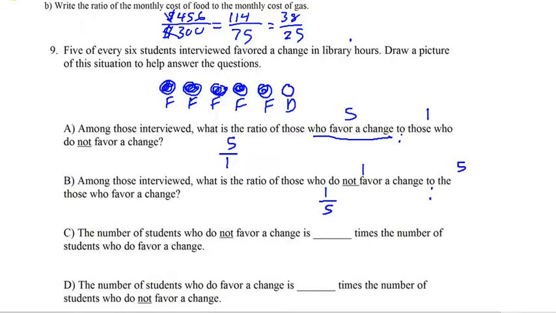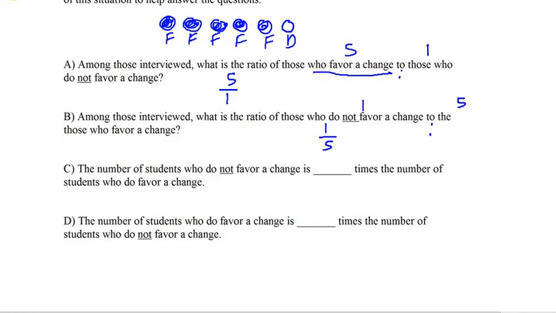Now here's the clean, nice thing about ratios. It says find the number of students who do not favor a change. The number of students who do not favor a change is blank times the number of students who do favor a change. So watch this. If you treat it like a ratio, the number of students who do not favor a change, 1, times the number of students who do favor a change, it's 5. The answer here is the ratio itself, 1 to 5.